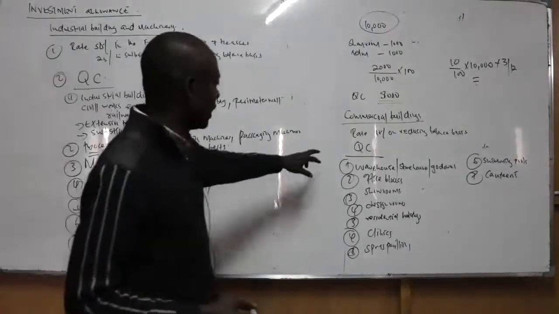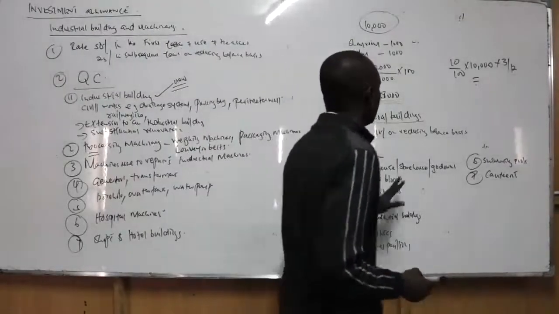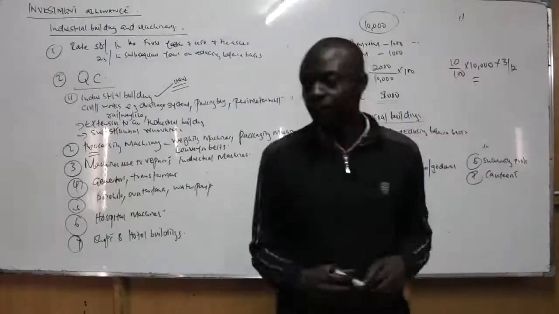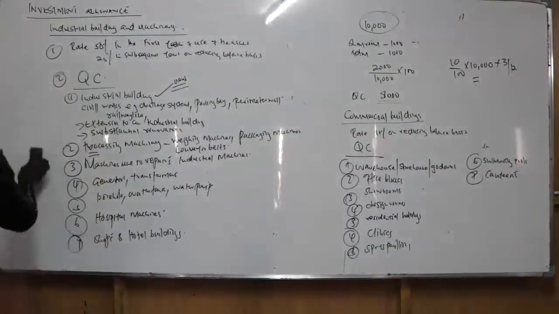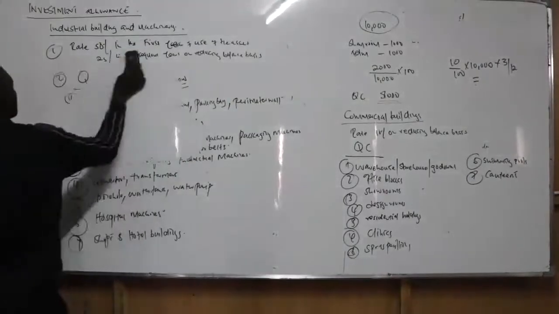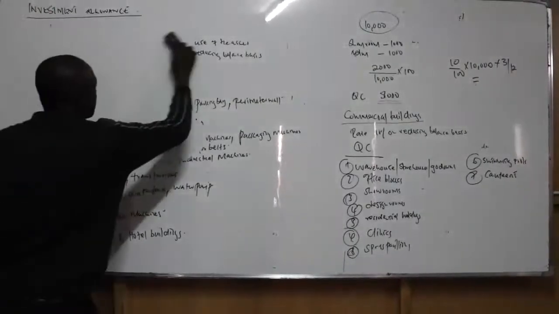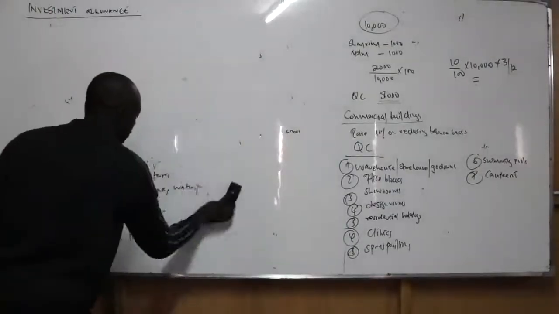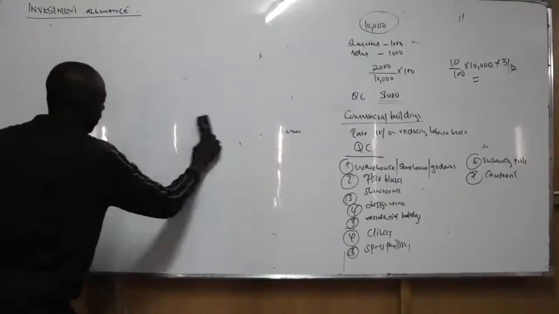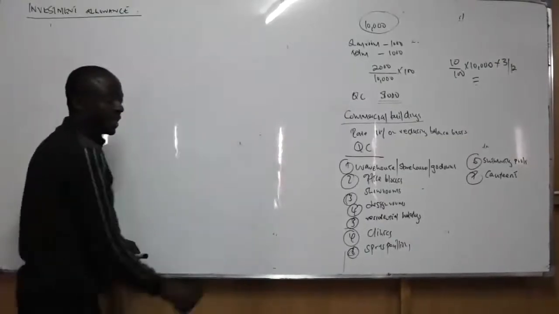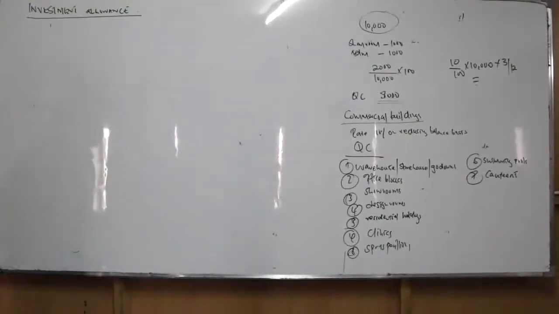You need to know the rate, the assets, and the proration. And lastly, there is what we call farmwork deduction. This is an allowance that is given for farming businesses for investing in capital items or non-current assets.